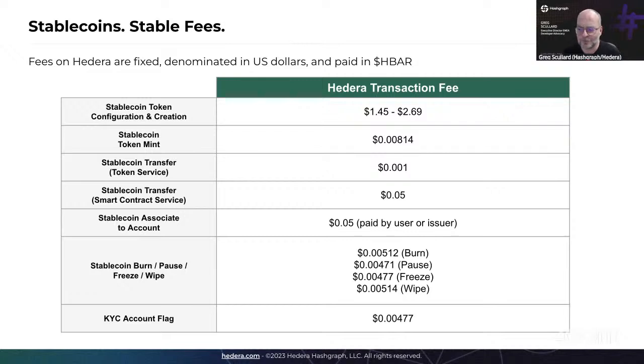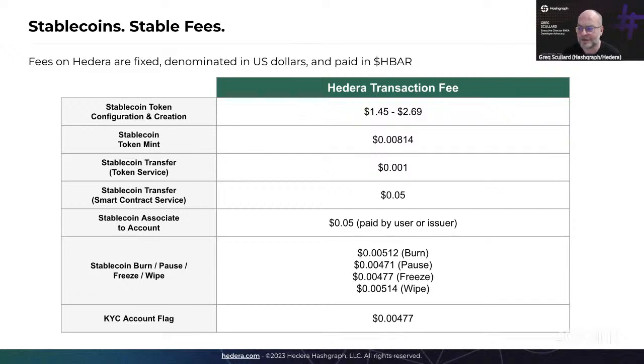So if you've interacted with CFOs in the past, then you'll know that asking for a budget that ranges from 100,000 to 1 million for your transaction fees will not go down very well with them. With Hedera, you don't have to have that conversation. If you know what transactions you're going to run and how many of them you're going to run, you can give them a very accurate budget estimation.